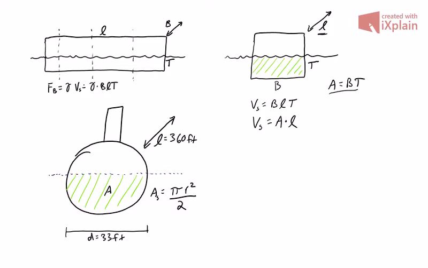Therefore, using the same equation for the submerged volume being equal to the area times the length, that gives us pi r squared times length all over 2. This is a really powerful way to approach these problems because it allows you to use very odd geometries. When we were doing our boxy barges it was just length times width times height, but now we can say we have a submarine hull that's a perfect cylinder.